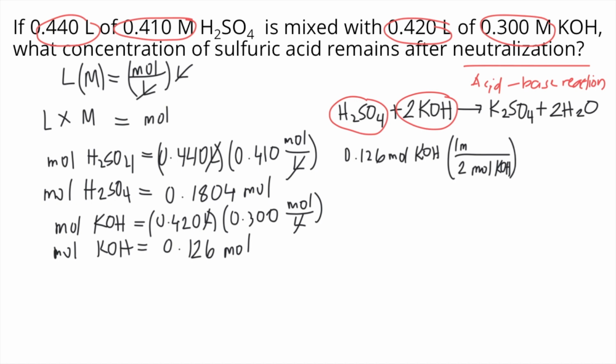So that is their molar ratio. The moles of KOH would cancel out. So that's 0.126 times 1 divided by 2, and that is equal to 0.063 moles of H2SO4. So this is how much H2SO4 can be neutralized by the KOH.